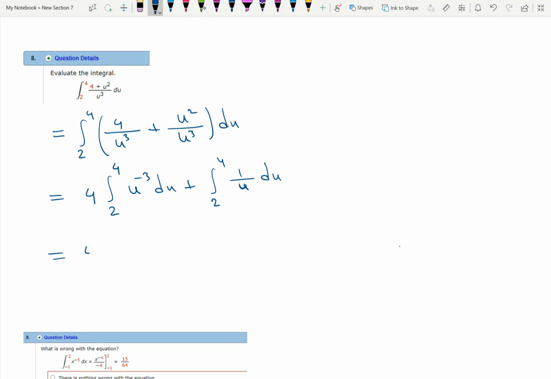Now if you integrate, this one becomes negative 2 from 2 to 4, and integration of 1 over x is ln of x. So ln of u.